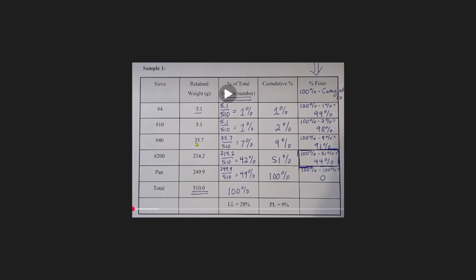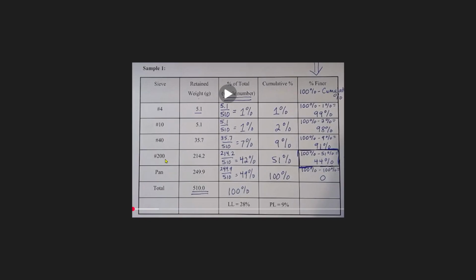Now then, let's go on down to 35.7. And now we're looking for the percent of the total. So 35.7 divided by 510 is 7%, but to get the cumulative percent, we've got to go over and up and add this to that percent to give us the cumulative percent of 9.